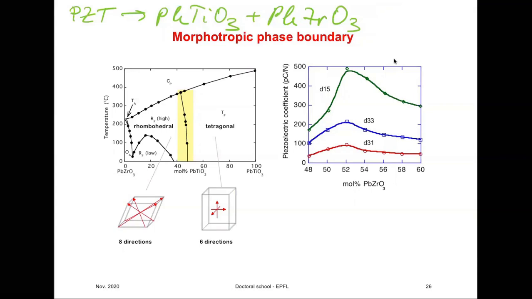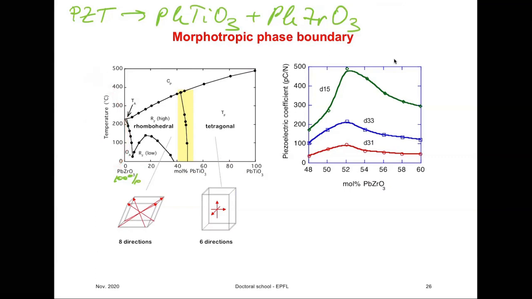Here is the phase diagram. Here you have the composition. Here is 100% lead titanate. Here is 0% lead titanate, so this would be 100% lead zirconate. Here is the mole percent of lead titanate.